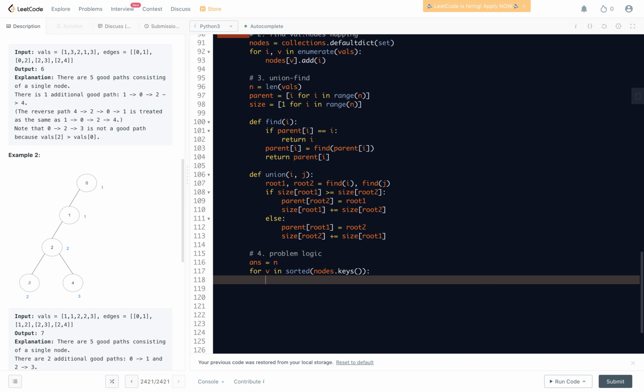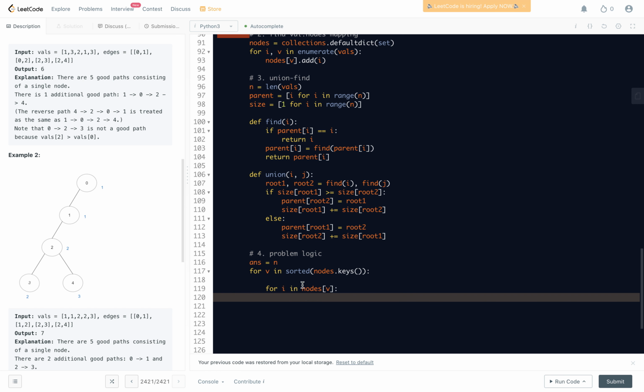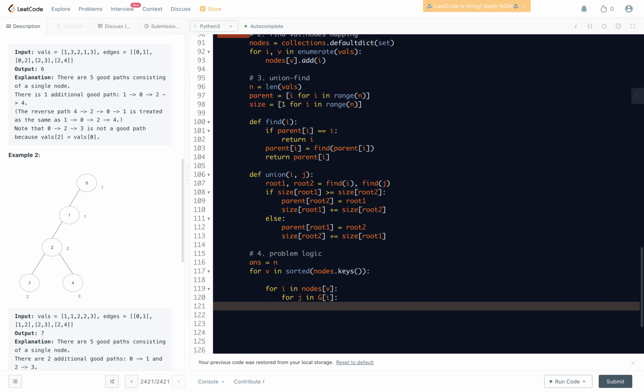So this sorted means that we look at the value from small to large, and then we're going to consider all nodes with value being v. So for i in nodes v, these i's are the nodes with value being v.